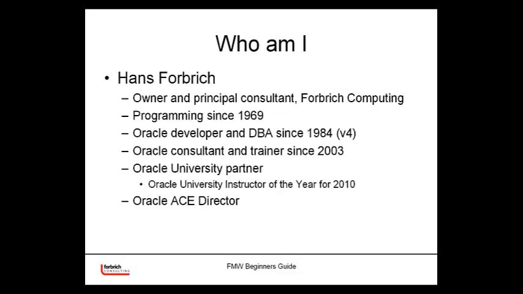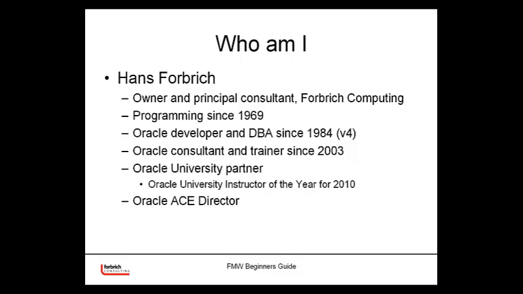To start out with, who am I? My name is Hans Forbrich, or some people just say, hey you. I'm the owner and principal consultant of Forbrich Computer Consulting Limited in Canada, and I spend a lot of my time consulting and working with Oracle University in Canada and in the United States.